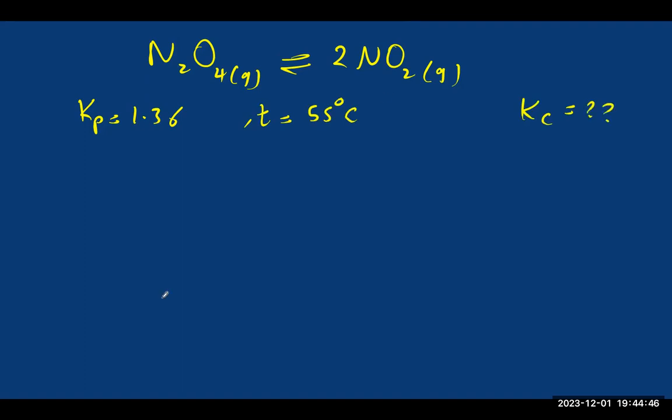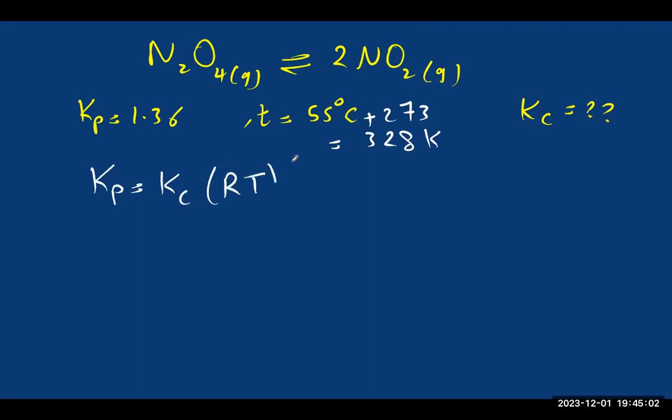Okay, so what we are going to do: first, I will convert the temperature to Kelvin again. So I will add 273, so it will be equal to 328 Kelvin. The formula is Kp equals Kc RT to the power of delta N. I now need to calculate Kc because this is the unknown, so I will divide by RT.